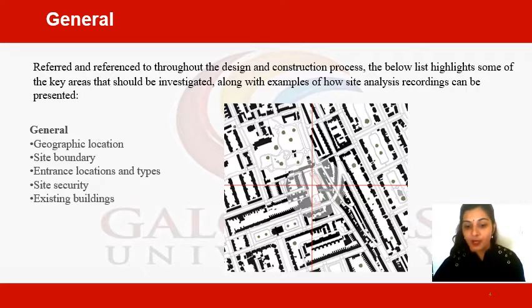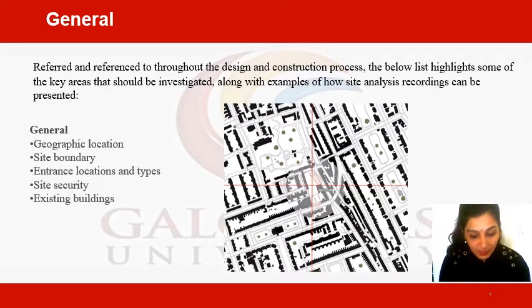Now you have a clear glimpse of your site: my site is here on Google Maps, and now I have to visit the site. After visiting the site and making the boundary of your site, you have to locate the entrances and types of entrances. Which type of entrances are there in your site?